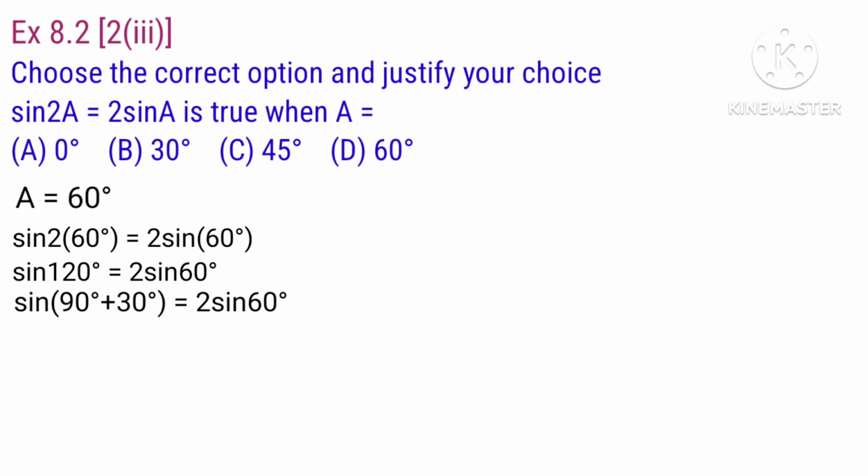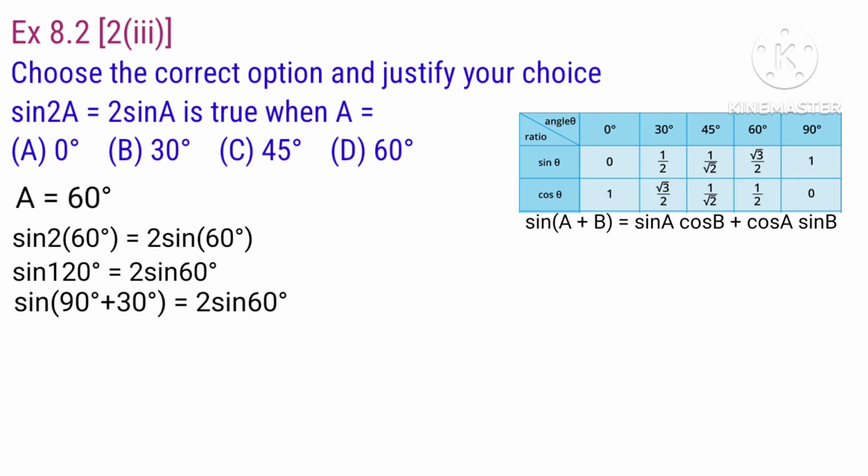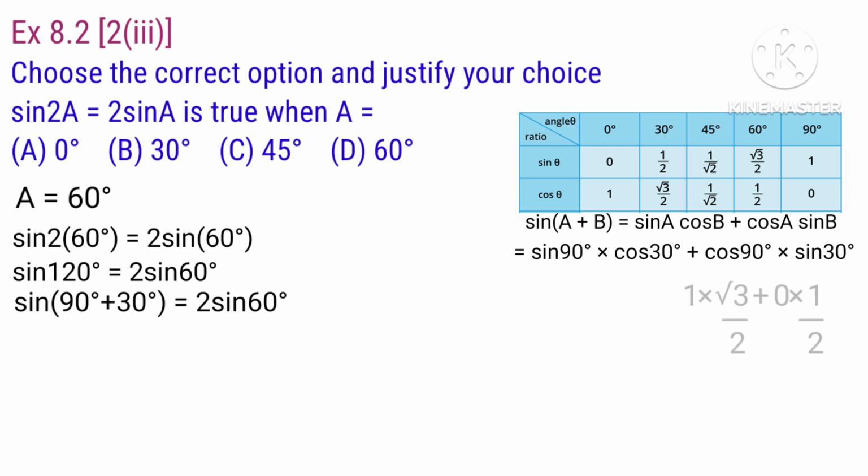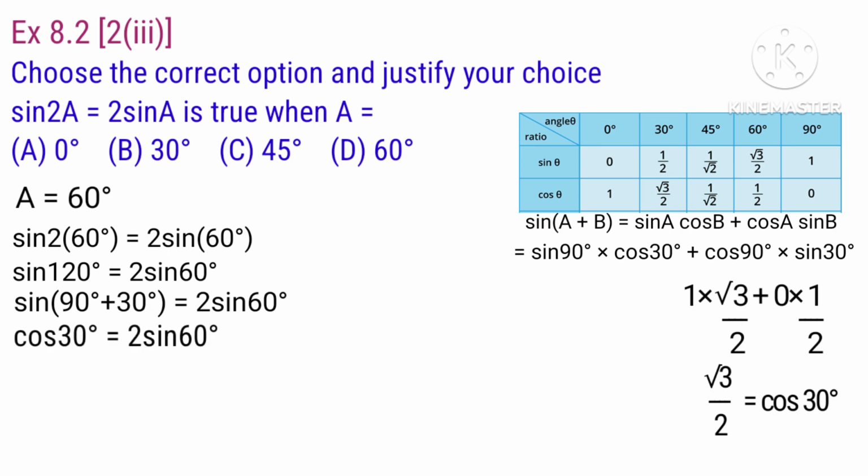Sin of 90 plus 30 degree is in the form of sin of A plus B. That is equal to sin A cos B plus cos A sin B. So that is equal to sin 90 into cos 30 degree plus cos 90 degree into sin 30 degree. That is equal to 1 into square root of 3 by 2 plus 0 into 1 by 2. So after multiplying, we'll get just square root of 3 by 2. That is equal to cos 30 degree. So sin of 90 degree plus 30 degree is cos 30 degree.